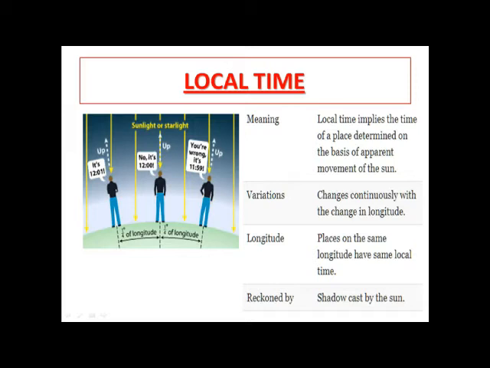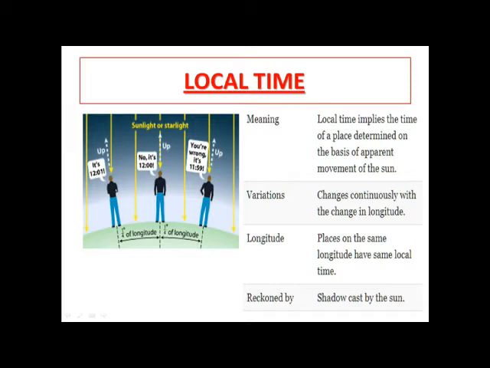That gives us the concept that if a person is standing on whichever longitude, pointing to the sunlight or starlight, and the sunlight is coming straight to that person, we can say that it is 12 noon.